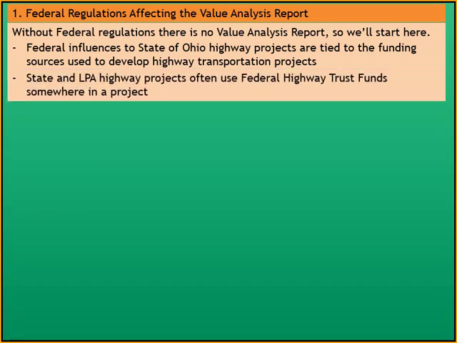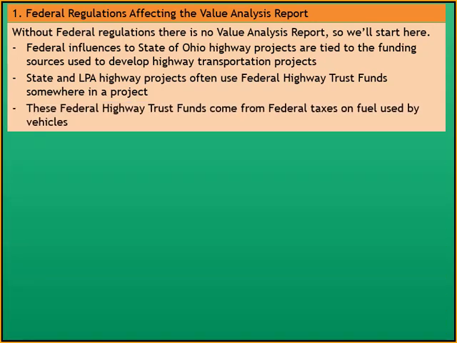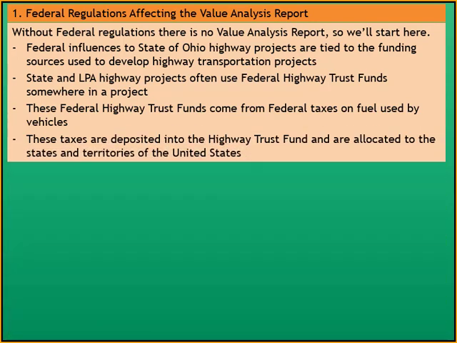State and LPA highway projects often use federal highway trust funds somewhere in the project. These federal highway trust funds come from federal taxes on fuel used by vehicles. These taxes are deposited into the Highway Trust Fund and are allocated to the states and territories of the United States.